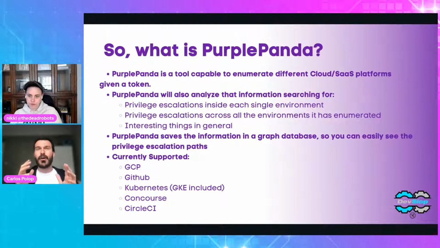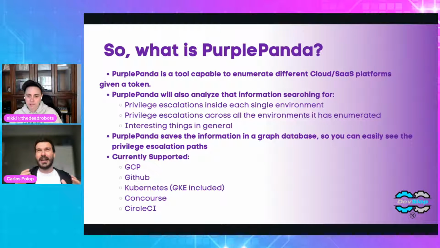So the more platforms this tool is able to support, the more privilege escalation you're going to be able to find across different cloud and service applications, which is amazing because if you want to do this manually, I can tell you that it is a real pain.